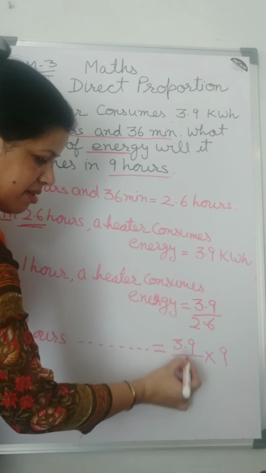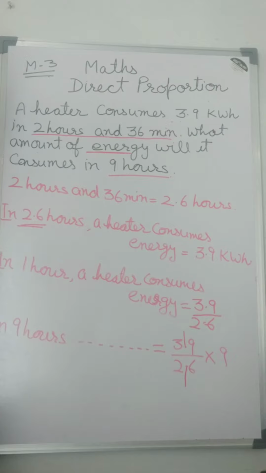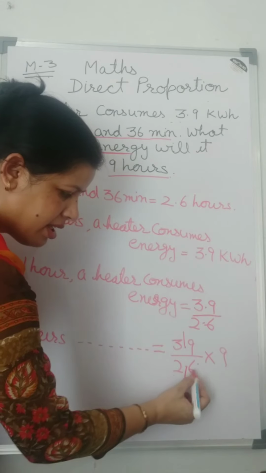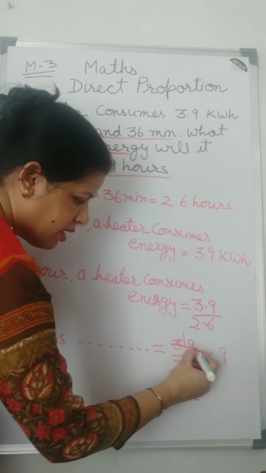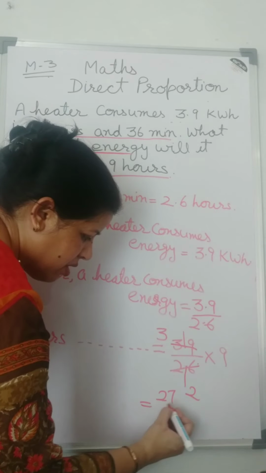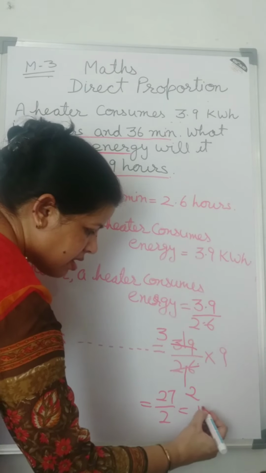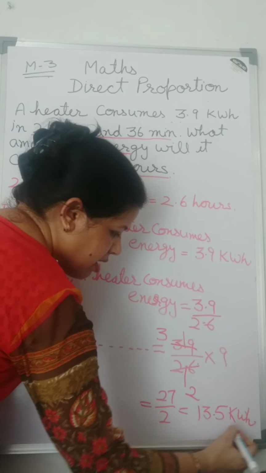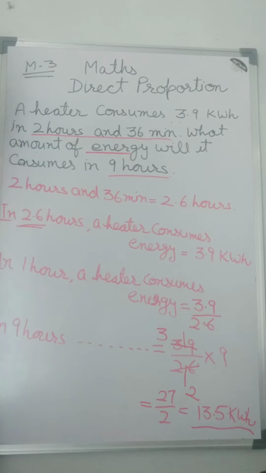Now we remove these decimals from here. Now we divide it by 13. 13 twos are 26, 13 threes are 39, so this is equivalent to 9 threes are 27 upon 2, that is 13.5 kilowatt hour. So this is the answer. Okay.